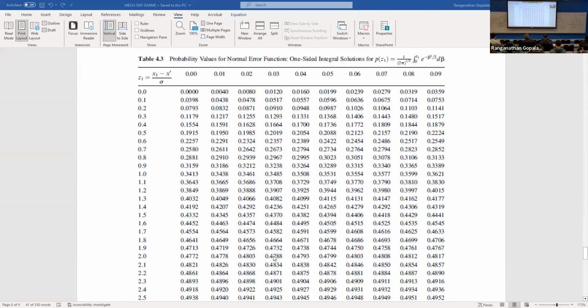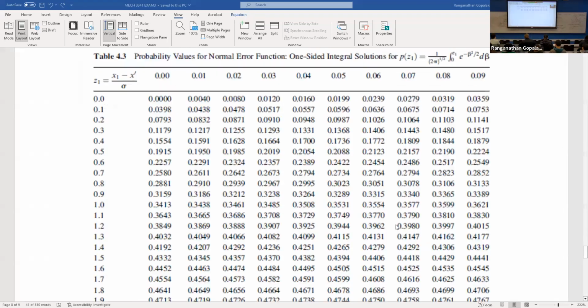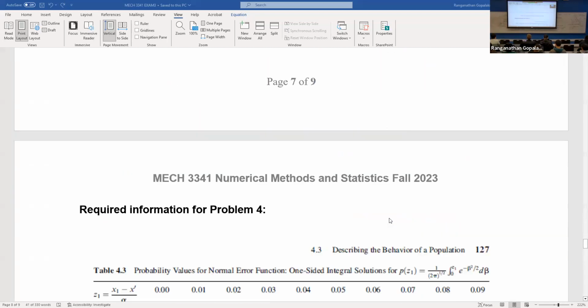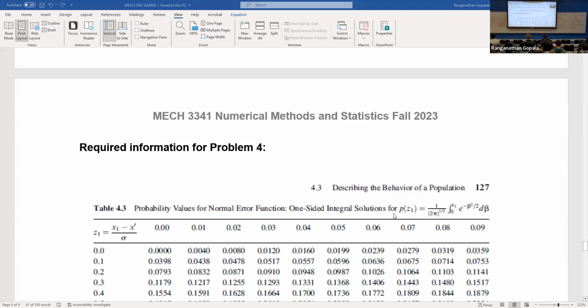So look at this table here. On the top, it says 1 over square root of 2 pi, integral from 0 to z1, e power minus beta squared over 2 d beta. I used the notation x, they are using beta, and I used uppercase X, they are using z1.